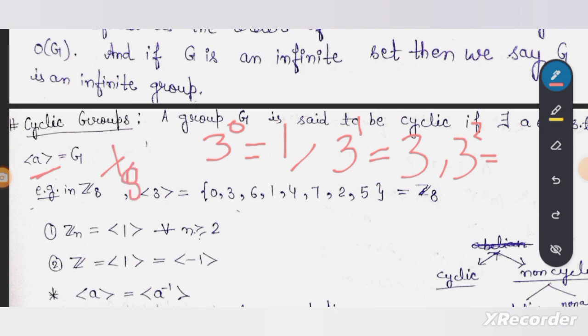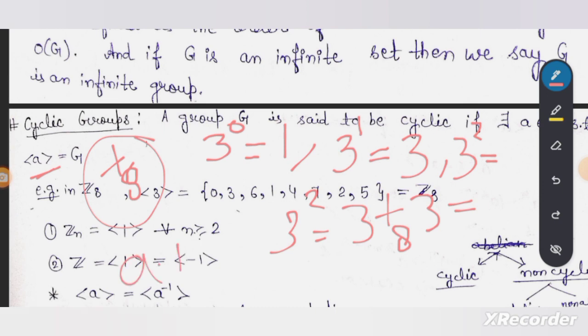So 3 squared will be 3 plus modulo 8 3, so this will become 6. What is the meaning of modulo 8? A plus modulo 8 b is the remainder when a plus b is divided by 8. So 3 plus 3 is 6, and the remainder when 6 is divided by 8 is 6. So 3 squared is 6.